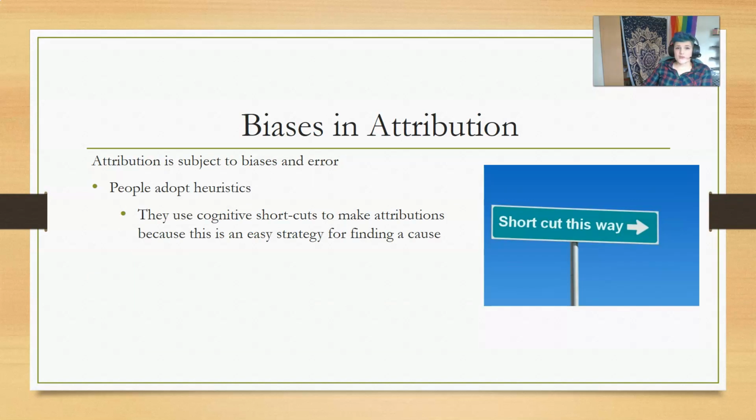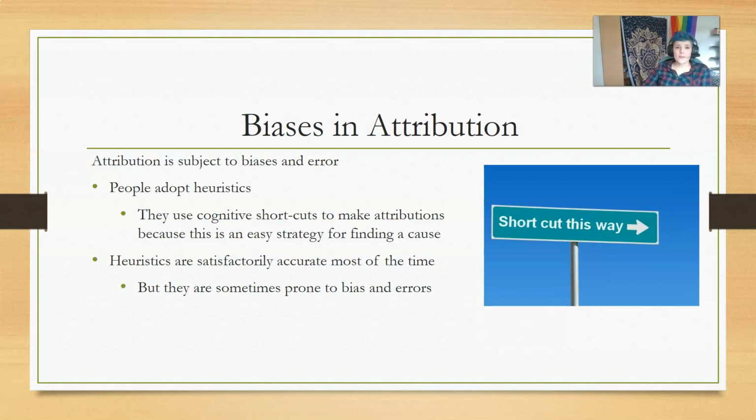People also adopt heuristics. Heuristics are cognitive shortcuts that we use to make attributions, and this is an easy strategy for finding a cause for behaviour. However, again, these heuristics can have errors a lot of the time.